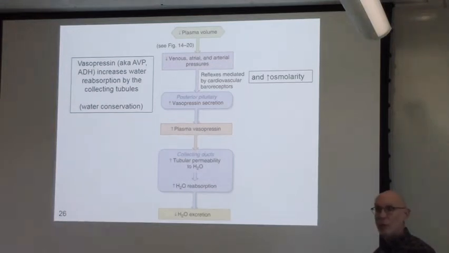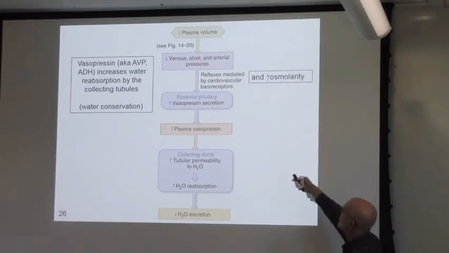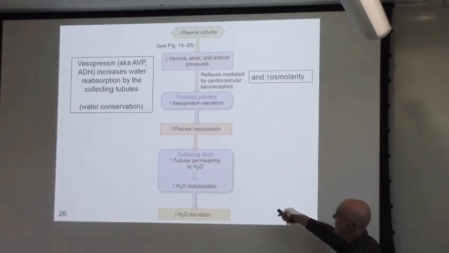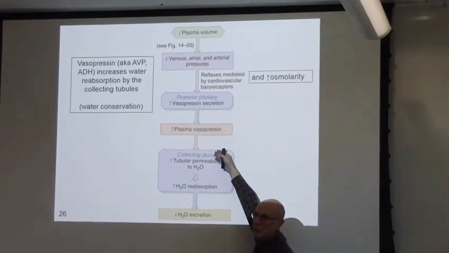We detect CO2, acid. In addition to acid detectors in the hypothalamus, we also have osmoreceptors in the hypothalamus. Hypothalamus tells the posterior pituitary to make vasopressin, increasing permeability to water in the collecting tubes. This one, the book got right.